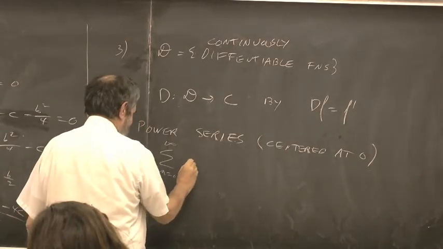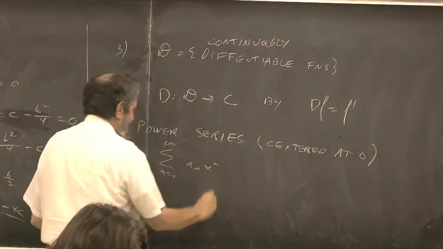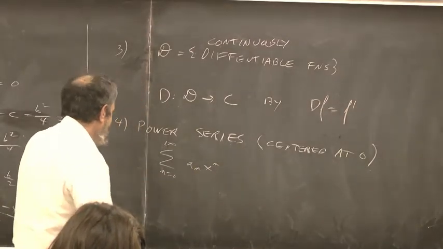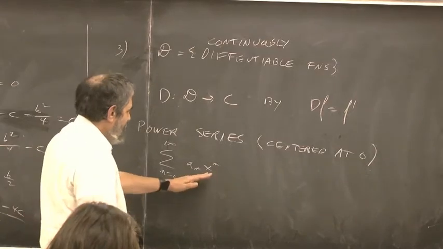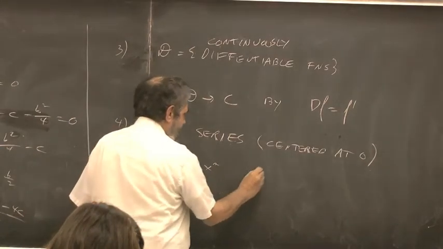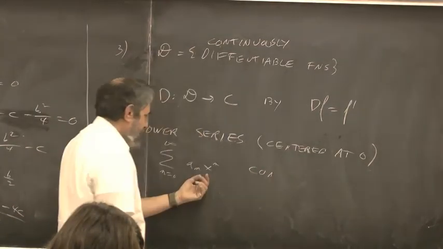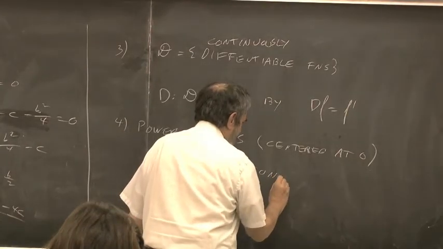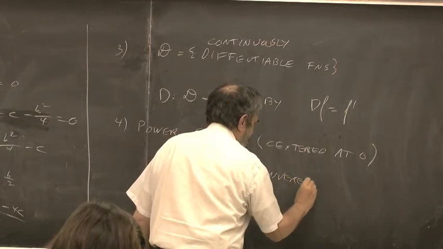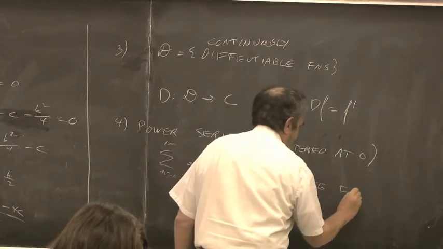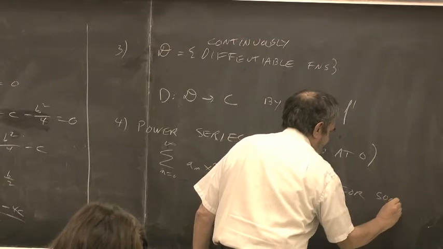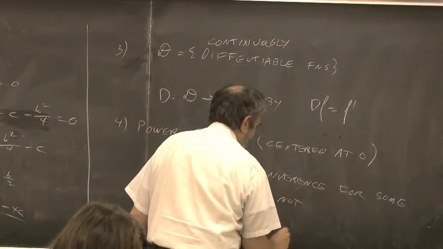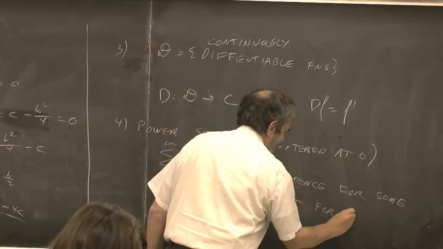It's an expression of the form sum of a_n x to the n, that's called a power series. And basically what happens is that this converges for some x's. You can plug some x's in, and for some x's it will converge, and for other x's it will diverge.